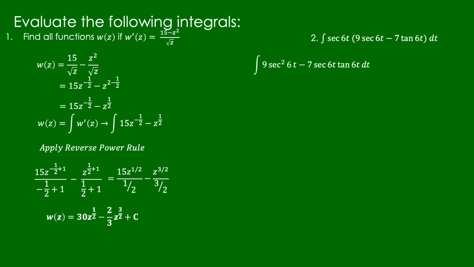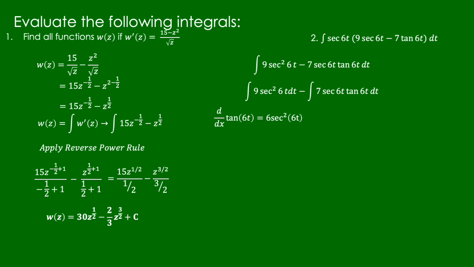In the second example, we need to distribute the secant 6t to both terms. Then we should split up the integral to make 2 separate integrals. Now that it's separated, we evaluate them independently. So looking at the first integral, secant squared 6t times 9, you need to remember that the derivative of tangent gives you secant squared, just times 6.